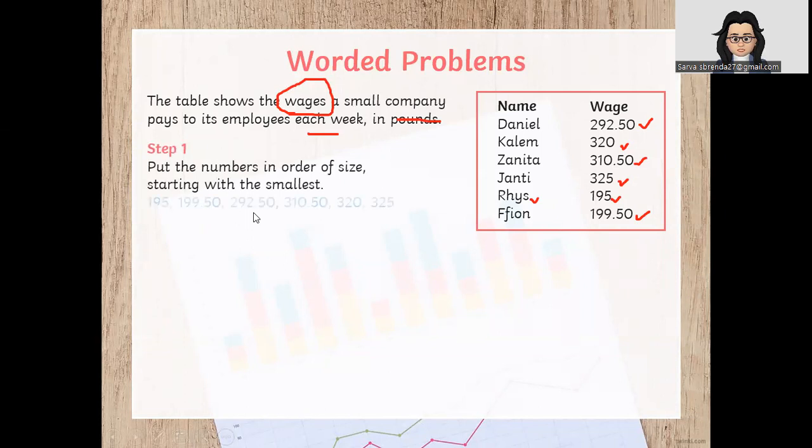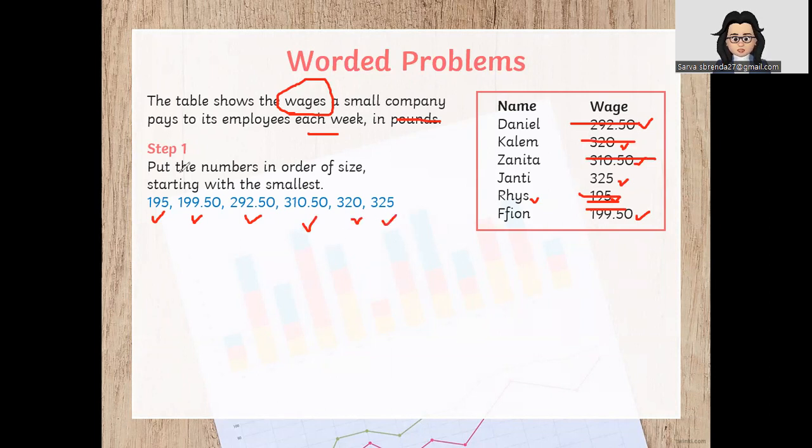Are we supposed to find the median? Yes. So in order to find the median, first we put these numbers in order of size. That means start with the smallest value, and that's 195, followed by 199, 292, and then 310, and then 320, and finally 325.